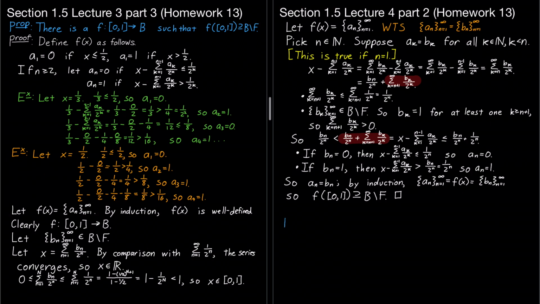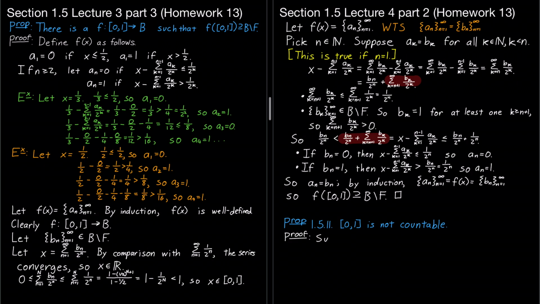And then let's wrap this up. This is one of the main propositions of section 5, that the interval 0, 1 is not countable. And we've already done most of the work. Now we just need to do a little bit of cleanup and translation.